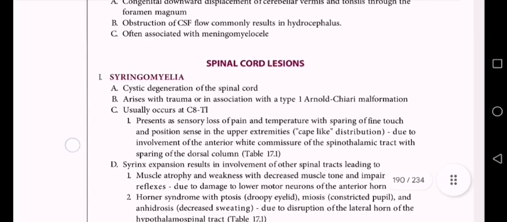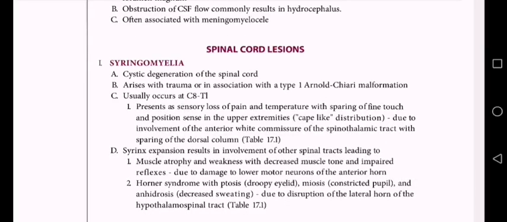Spinal cord lesions. Here we are. Syringomyelia.